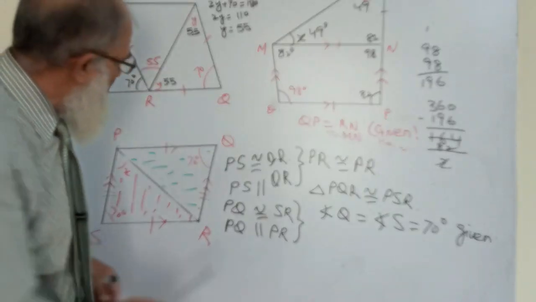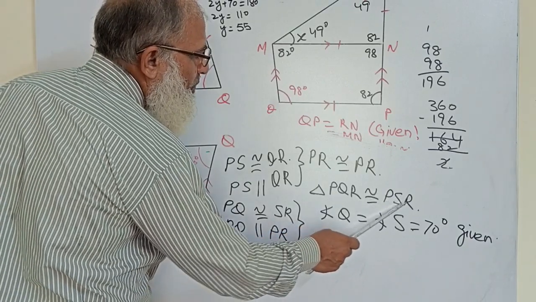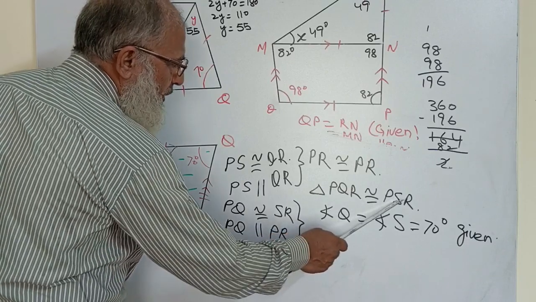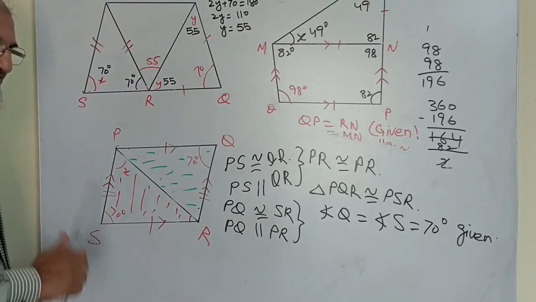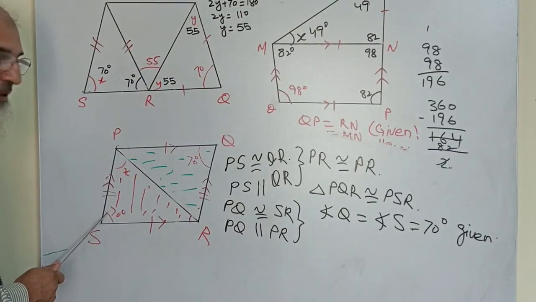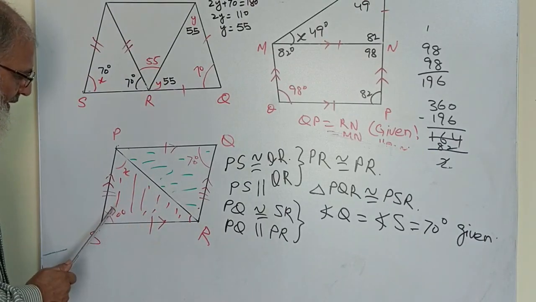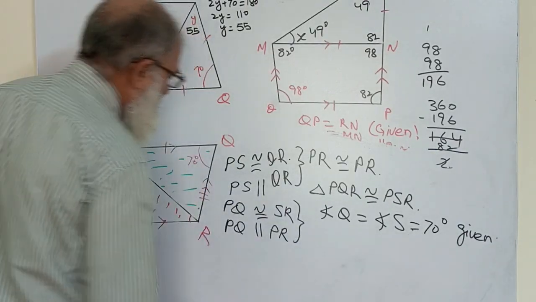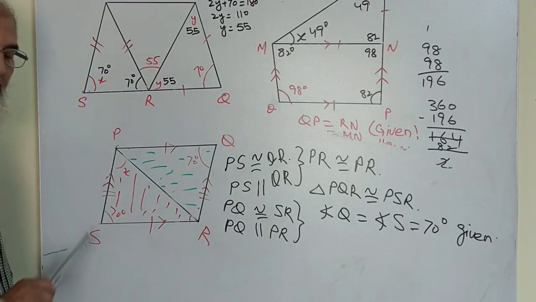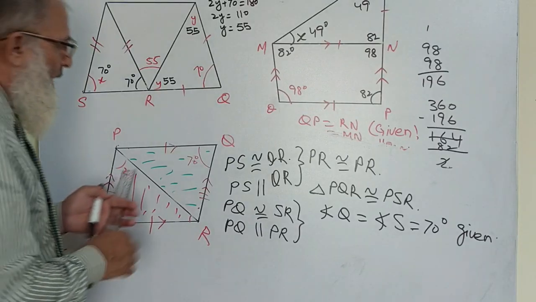Now dear students, when we proved that triangle PQR is congruent to PSR, then this means that this angle is 70 degrees. This angle is 70 degrees. It is also given. And this whole P angle is equal to R angle.